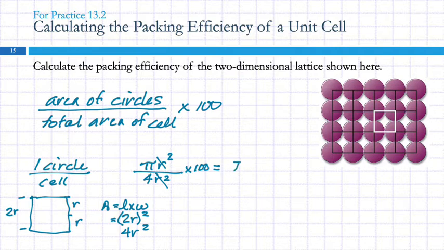So 78, I'll just do 3 sig figs, 78.5%. Technically, that would be an exact number because pi is essentially an exact number, and 4 would be an exact number. Any questions?